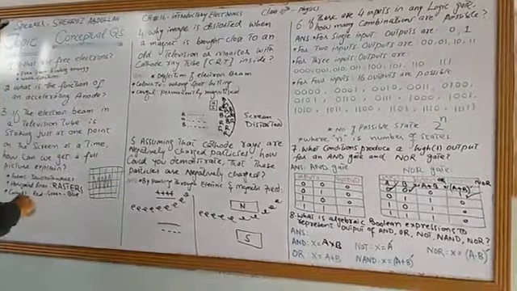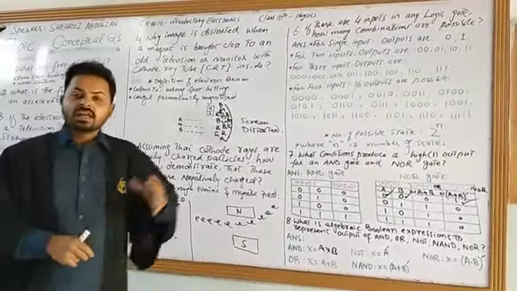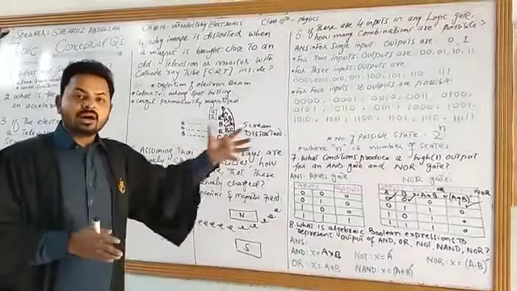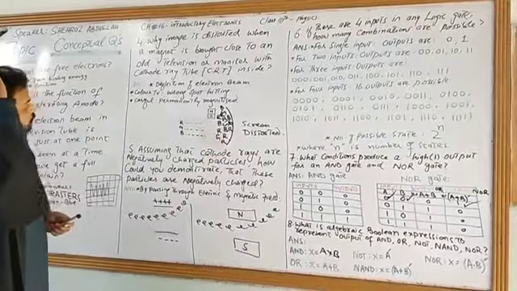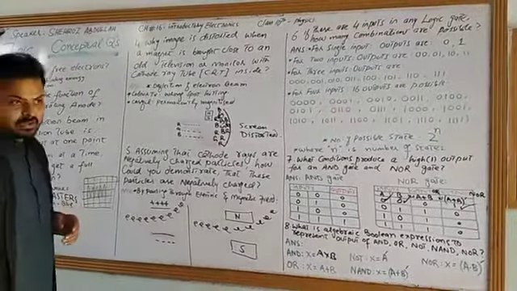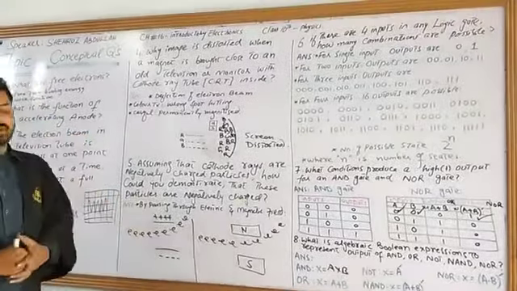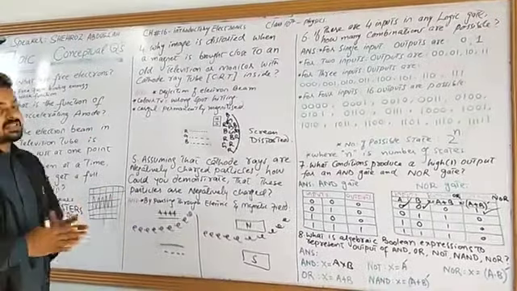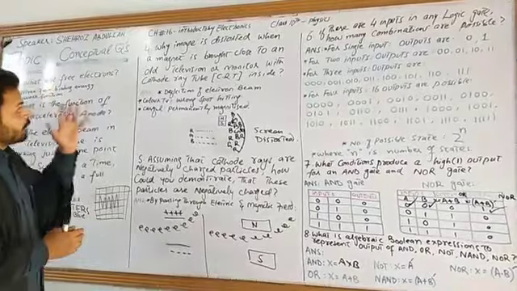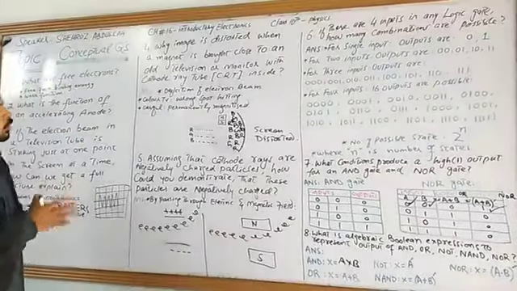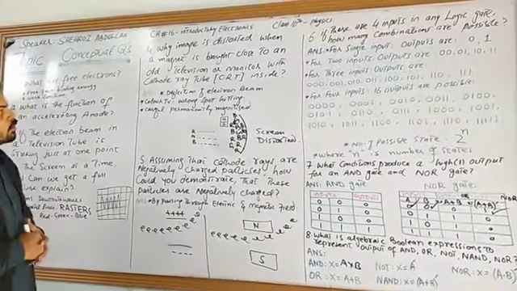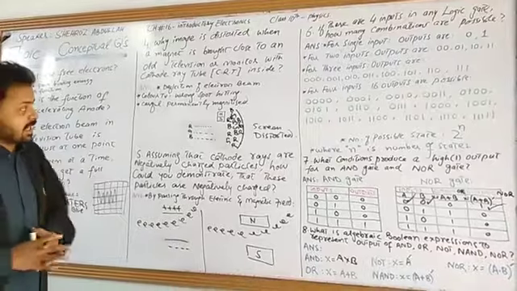Coming towards question number 4, what does it say? It says why is the image distorted when a magnet is brought close to an old television or monitor with a cathode ray tube or CRT inside.